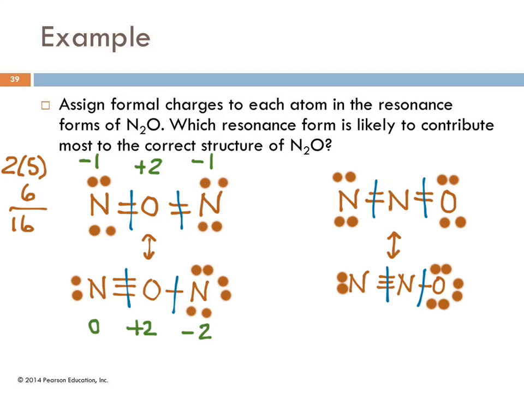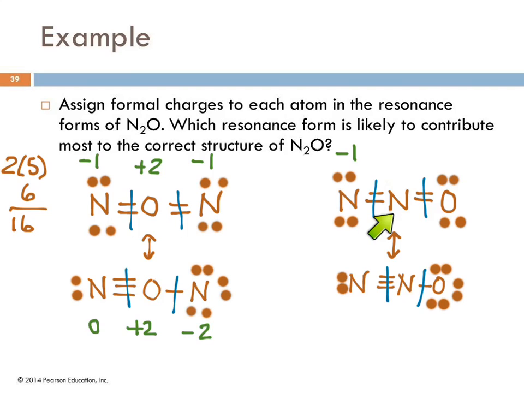Well, we got a 0, but this isn't great either, right? So we're like, I don't really like either one of those. Let's try this other arrangement over here and see what happens. So here, nitrogen, 5 valence electrons. It owns how many? 6. So this is -1, 5 minus 6.